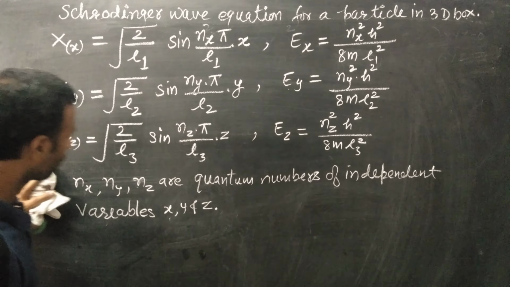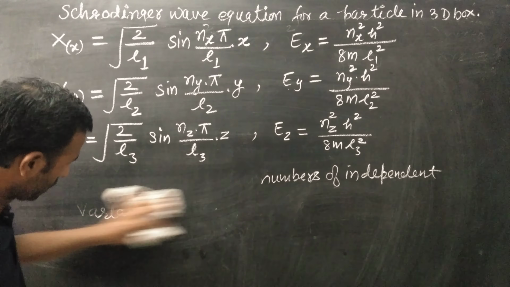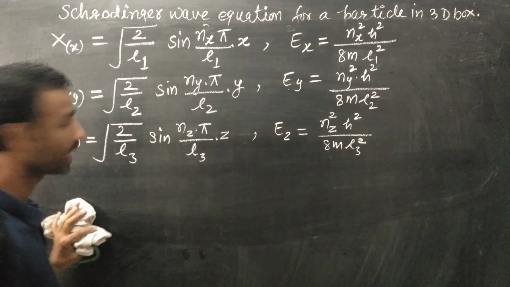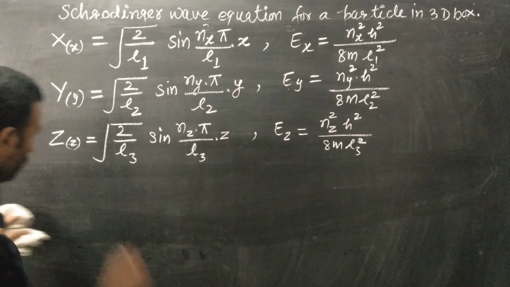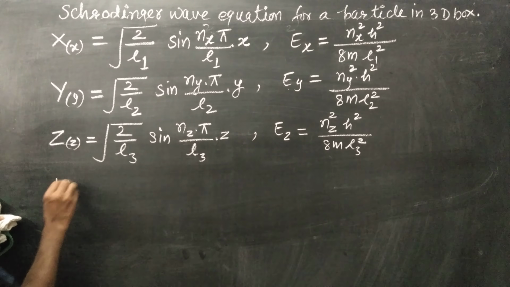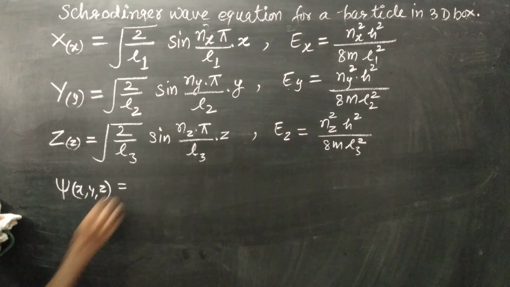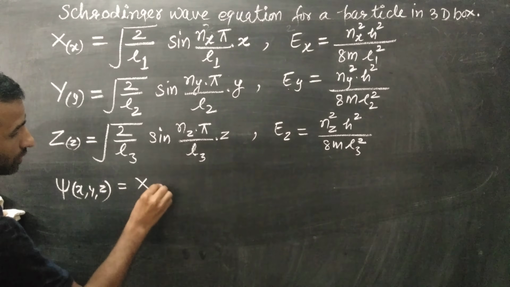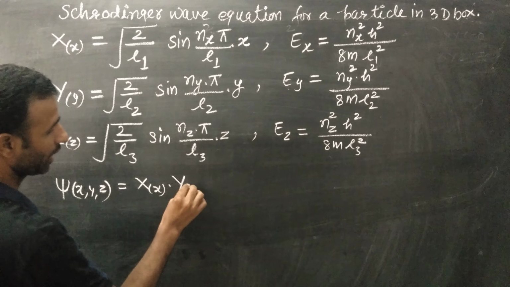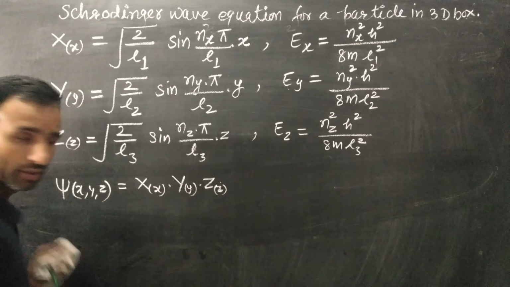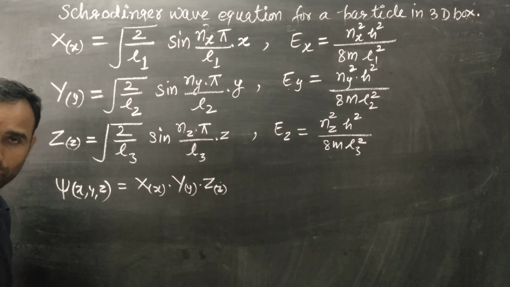Now, from these wave functions and energies along x, y and z, the wave function is equal to x into y into z, right? Product of these wave functions.